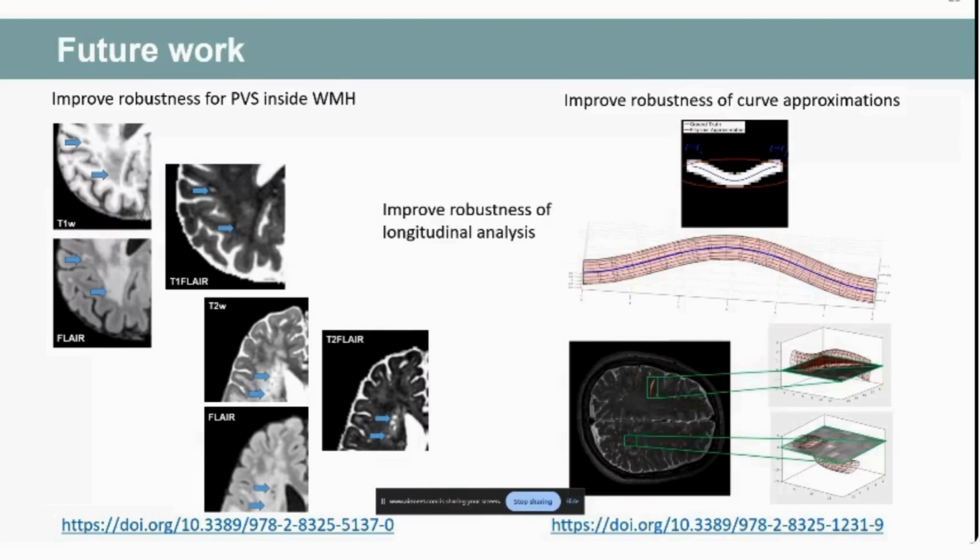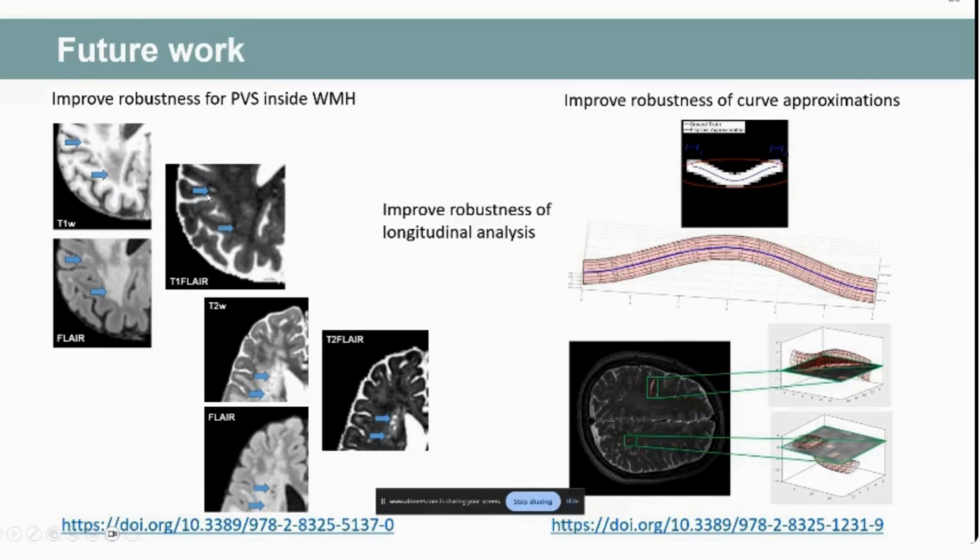I would like to end this presentation with some future work, because this is a hot topic at the moment, and everybody's interested because, if this works, we will be able to catch disease at an early stage. So it's quite a focus now in neurodegeneration research. We're combining different sequences to be able to look at PVS that are inside of the lesions.